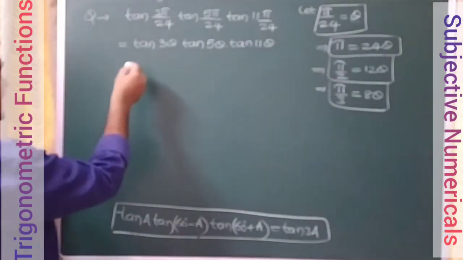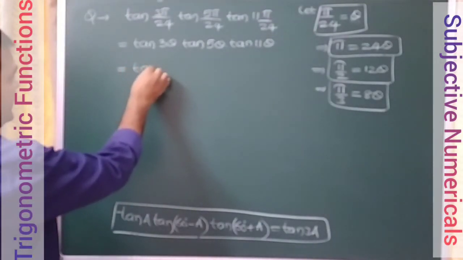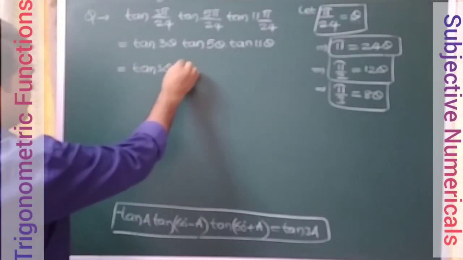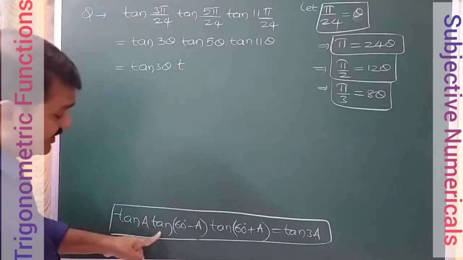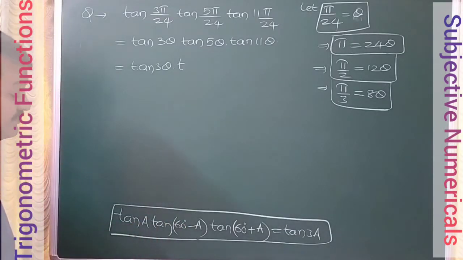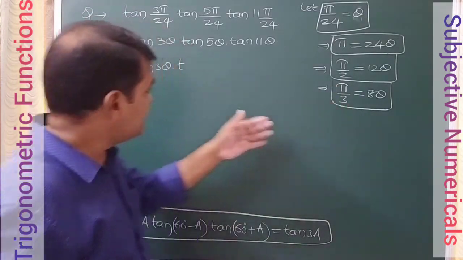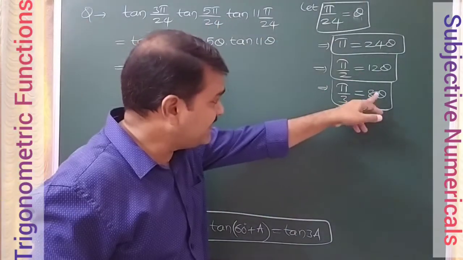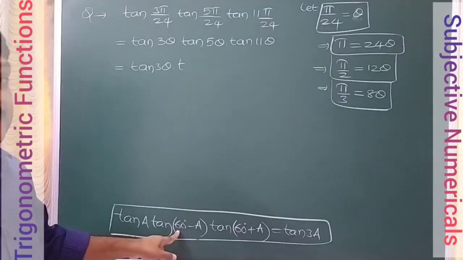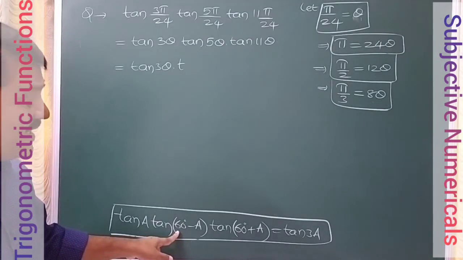Let us write tan 3 theta as it is. Now to get the tan of 60 minus A model, 60 degrees means pi by 3, so I should express this in terms of 8 theta, so that in place of 8 theta I can use pi by 3.